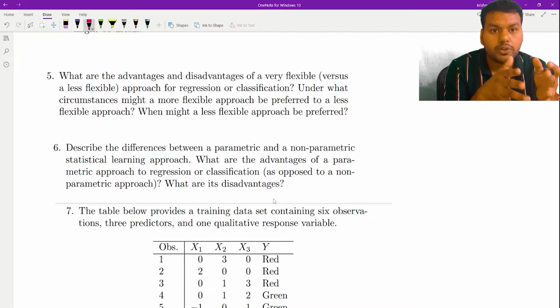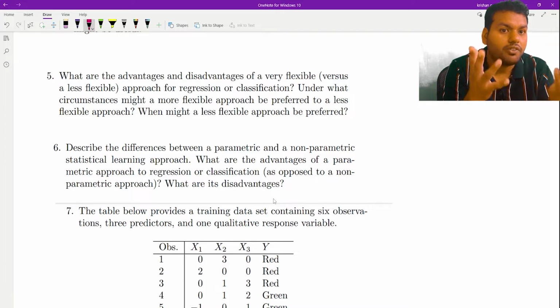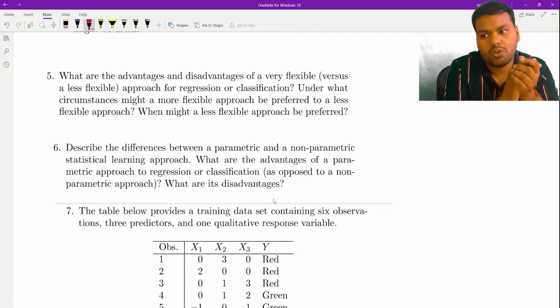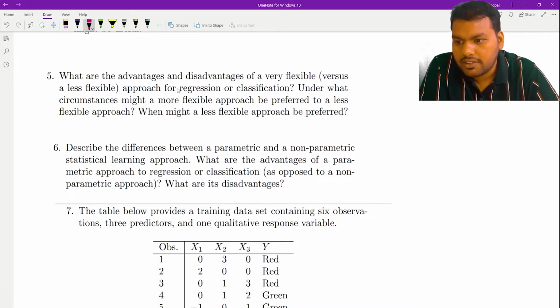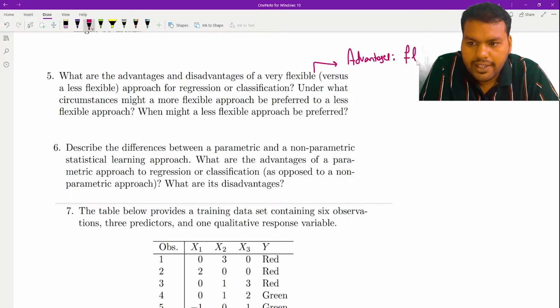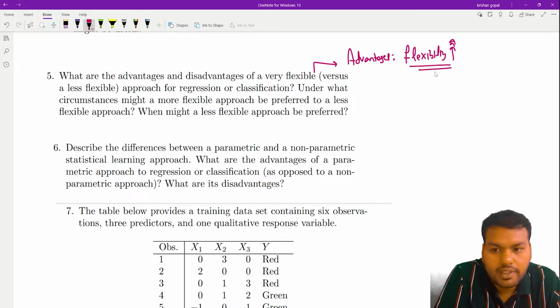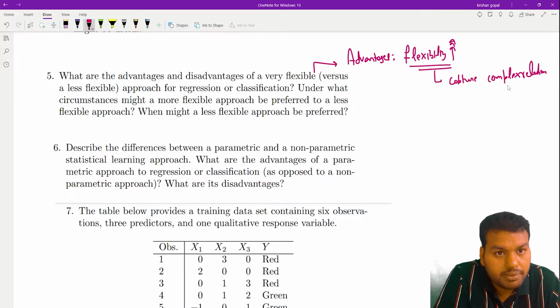No need to go further on this question. First, let me discuss the advantages and disadvantages of a flexible method. If I discuss the advantages first: if I have a very flexible method, it can capture complex relationships and work for nonlinear data.